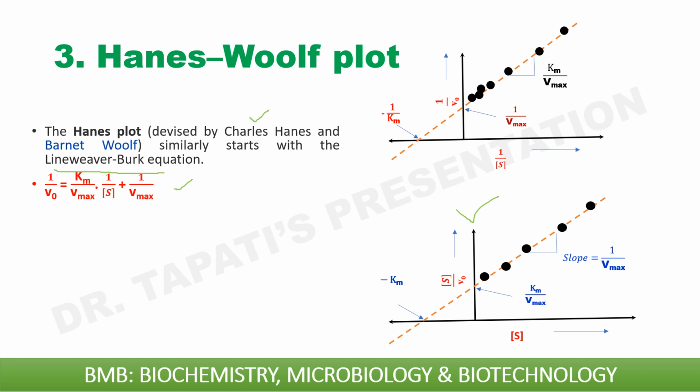plus 1 by Vmax. If we multiply both sides with substrate concentration, we get substrate concentration divided by V0 is equal to Km by Vmax plus substrate concentration divided by Vmax. We will get this value if you multiply substrate concentration with the Lineweaver-Burk equation.